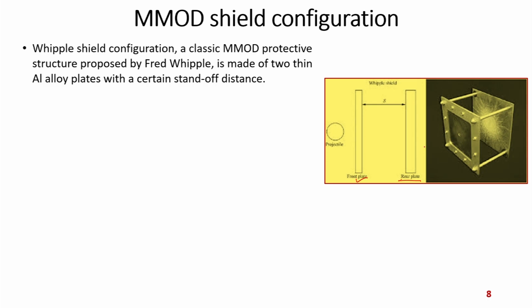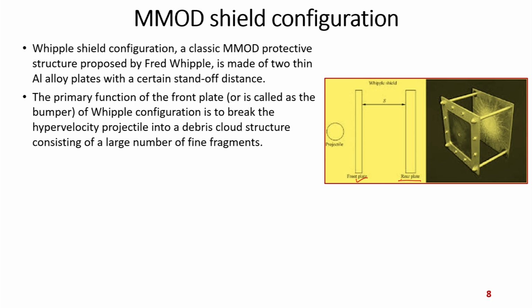So, it can penetrate, and we will see what the different possibilities are when a hypervelocity particle impacts this front surface, and what happens after that. The primary function of the front plate, also called the bumper of the Whipple configuration, is to break the hypervelocity projectile into a debris cloud consisting of a large number of fine fragments.